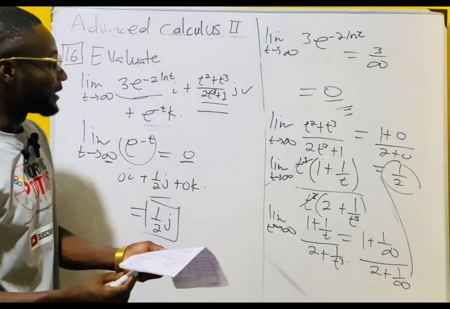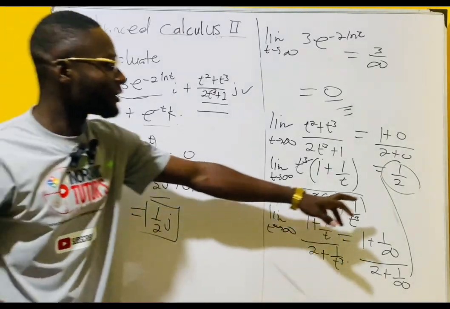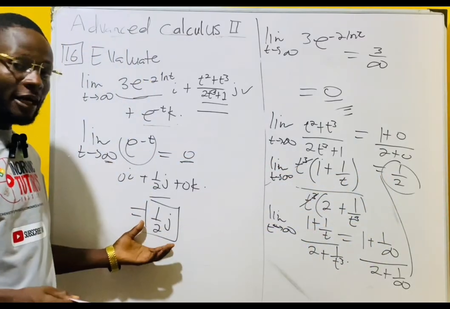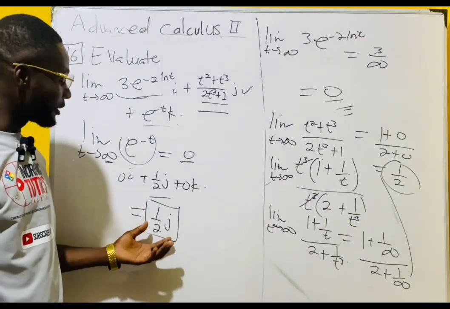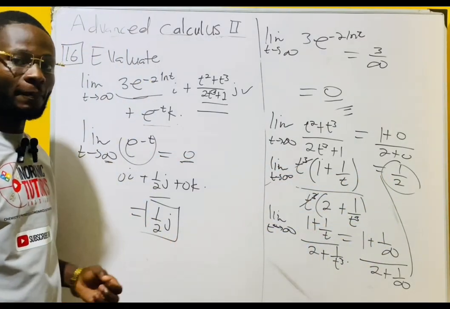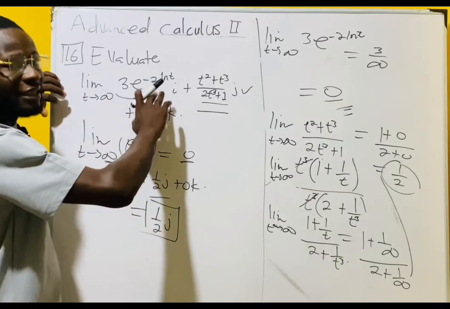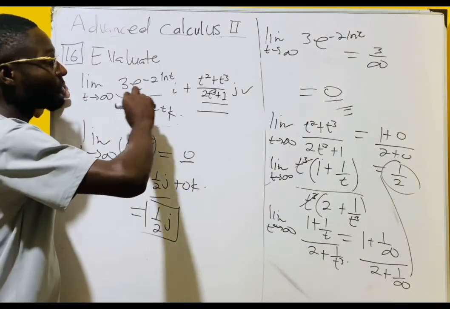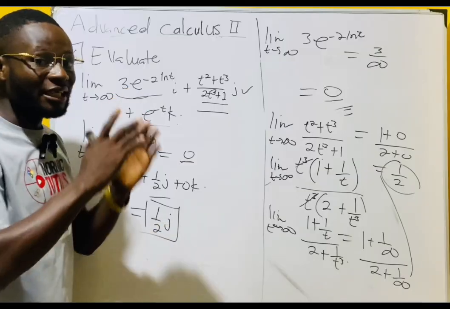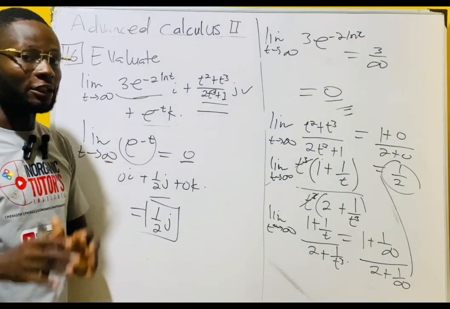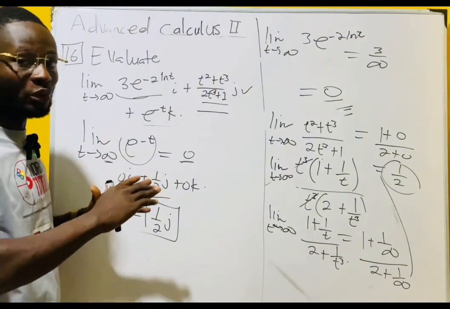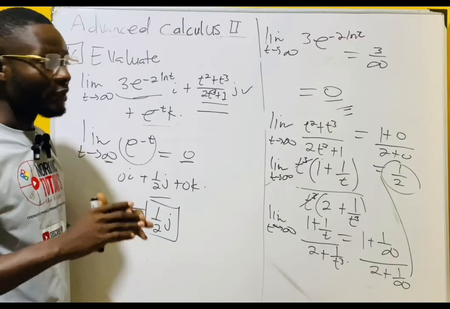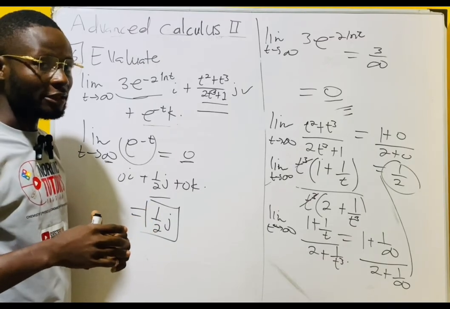Okay, so the second component gave us a significant value, which is half j. This is how, if you have a problem of this nature, you just deal with it component by component. If you try to work it all out at once, you'll have challenges along the way.